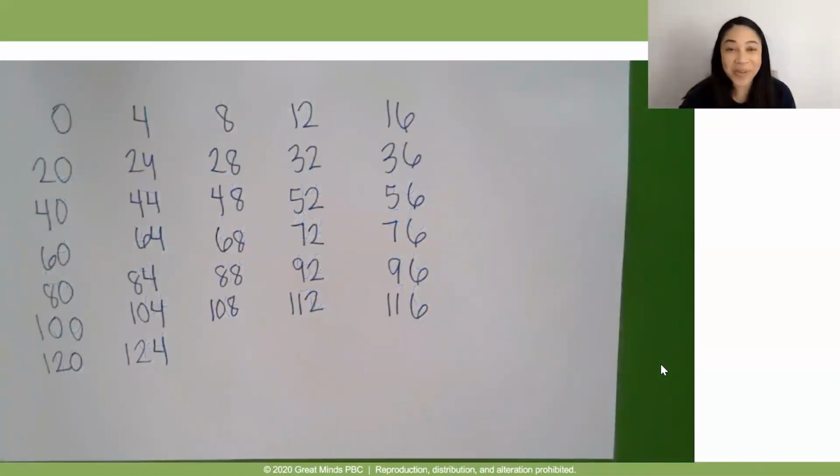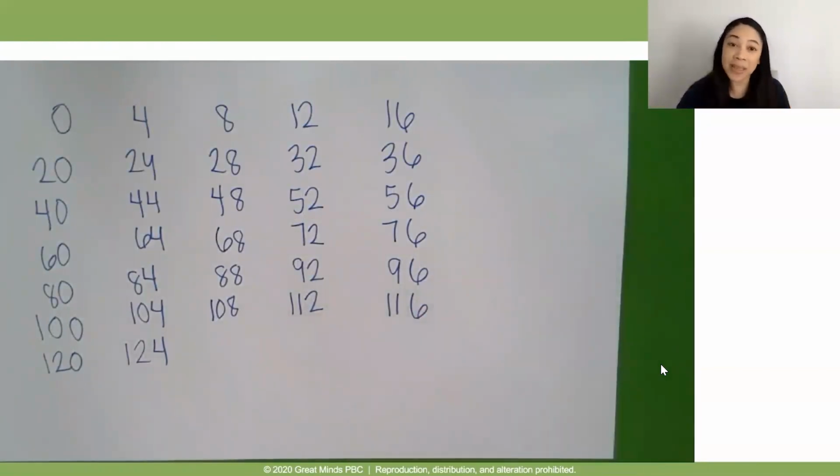So what did you all notice? I noticed that all the multiples of 4 are even numbers. Did you notice that too? Also, the pattern that we mentioned earlier in the ones place has a consistent pattern of 0, 4, 8, 2, and 6.